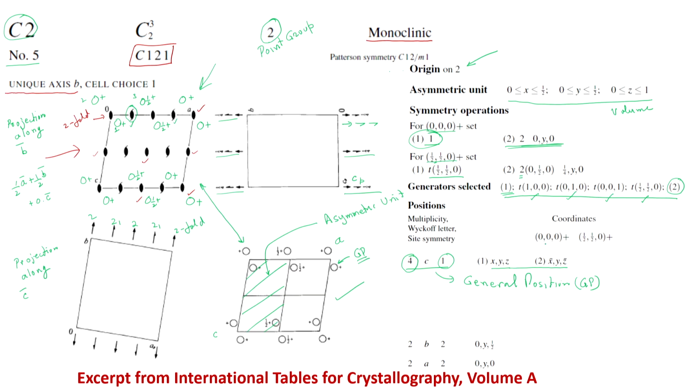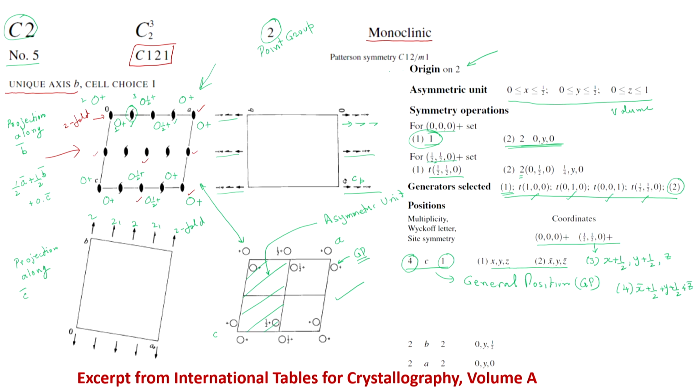So, if I look at this, first add 0, 0, 0 to these 2 coordinates, so I will get the same coordinates. Then add half, half, 0, so I will get the third coordinate as x plus half, y plus half and z, and the fourth coordinate that I will get would be x bar plus half, y plus half, z bar.